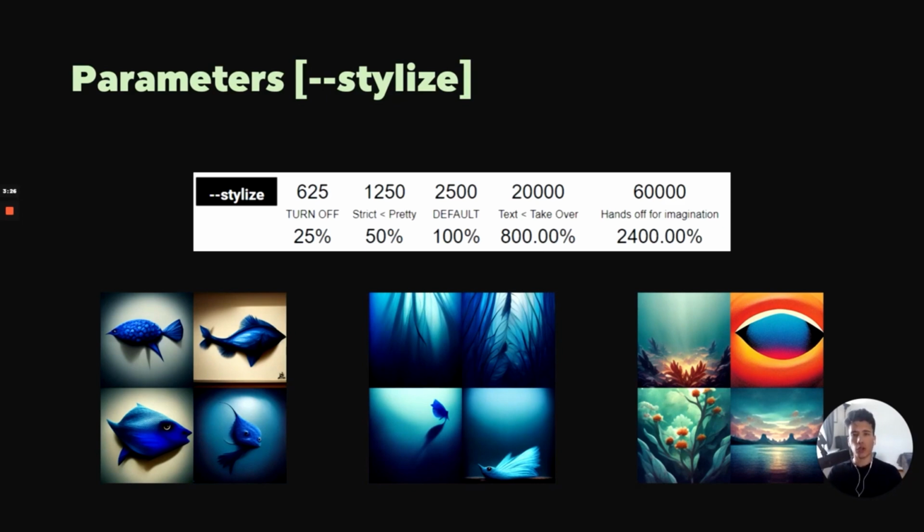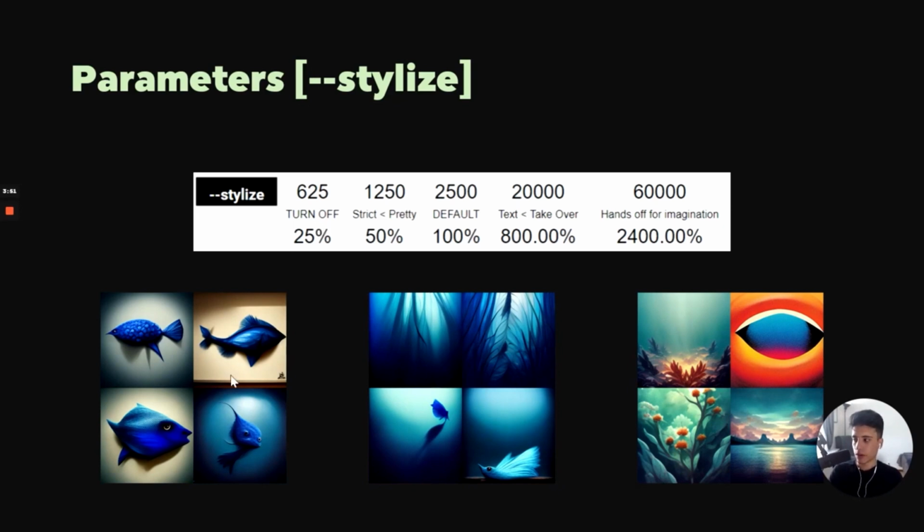This is how much you want the AI to steer the wheel in terms of generating your things. So for example, in this instance, I've generated a blue fish. And if I use the 625, it basically turns off the AI's imagination and it's just gonna give you a blue fish, and it's not gonna be as creative, it's not gonna be as beautiful.